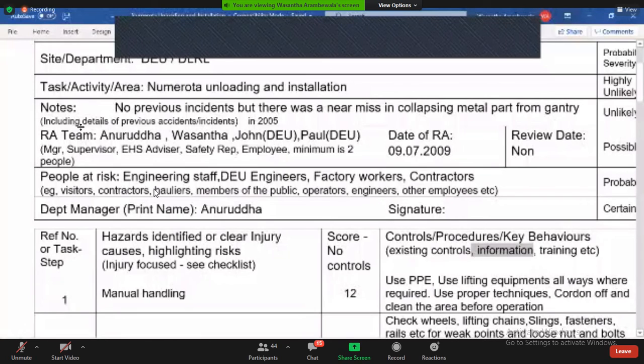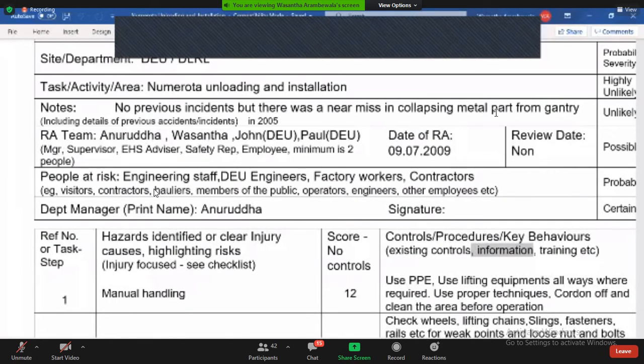In the notes, you have to identify any previous accidents or incidents. This says no previous incident, but there was a near miss reported where a metal part of the gantry collapsed. There was a gantry to lift those things, and it's recorded here.